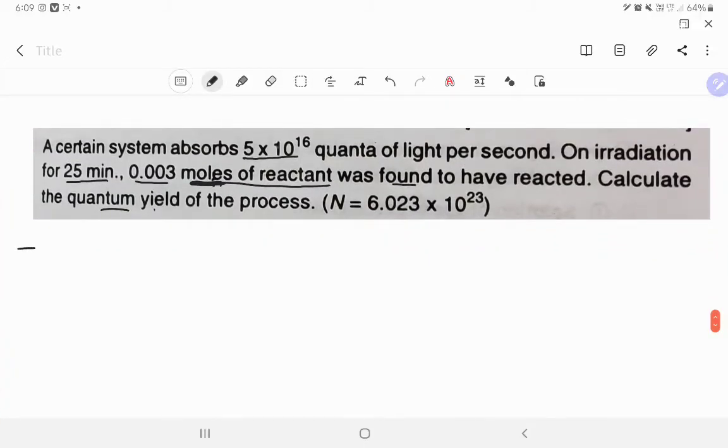Okay. Write the given quantities. A certain system absorbs 5 into 10 raised to 6 quanta of light per second. But the experiment is carried out for 25 minutes.